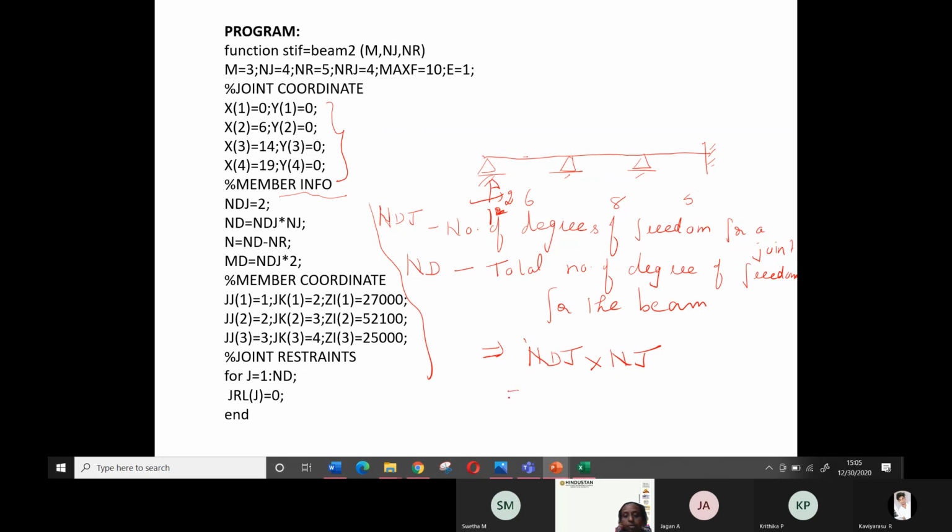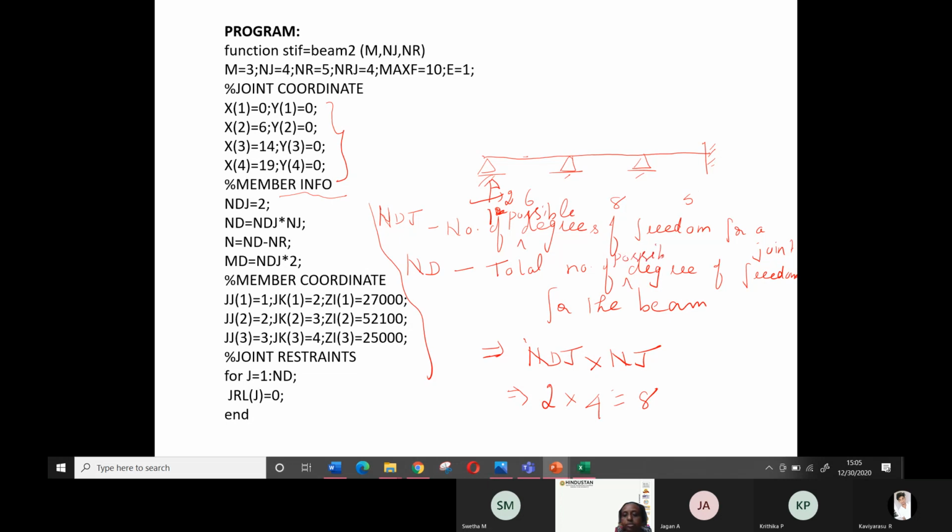NDJ, the number of degrees of freedom for a joint, is 2, and the number of joints is 4, so 8. This is the total number of possible degrees of freedom.